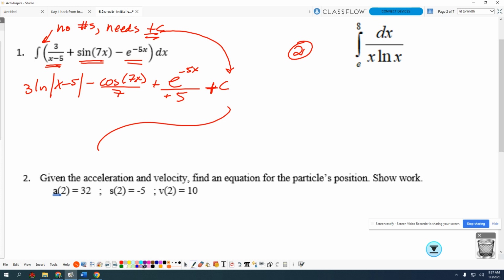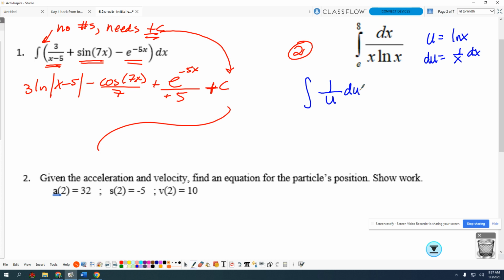Millen, U substitution, what would you choose the U value to be? ln x is u. And so it was 1 over x times 1 over u. Okay, hang on. Millen said choosing natural log of x is his U value.